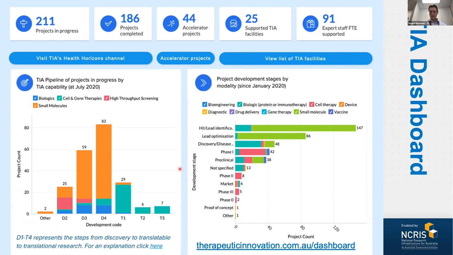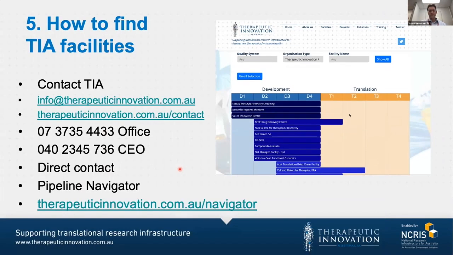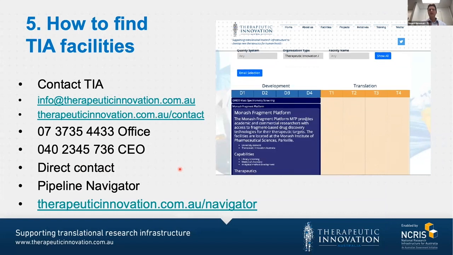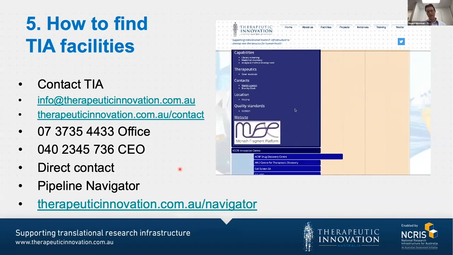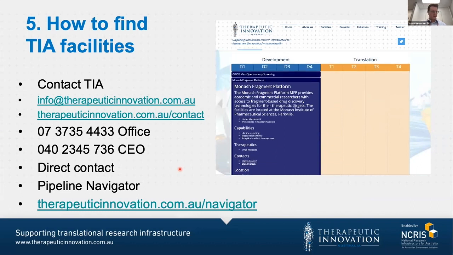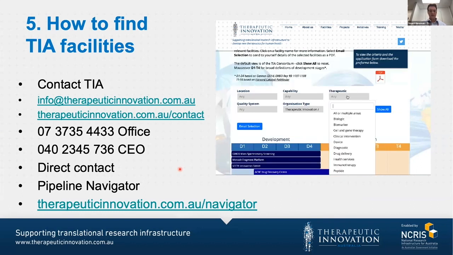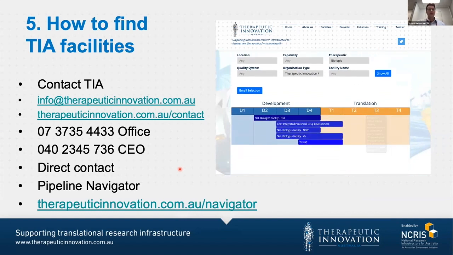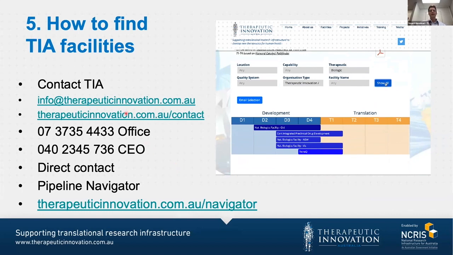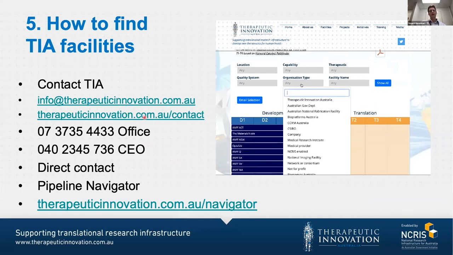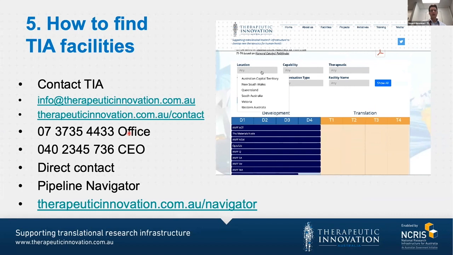But I'd just like to very briefly talk about how to find the facilities and contact them. There's quite a few ways. Maree specifically laid out the various contacts that can be made to make contact with the facility. So you can contact us directly, either by email or our contact page. You can give us a call up here in Brisbane, or myself.